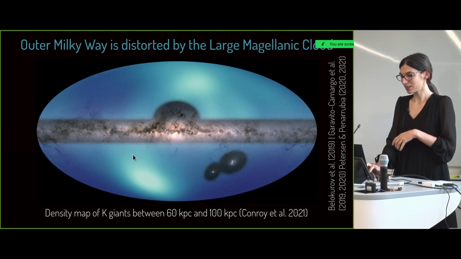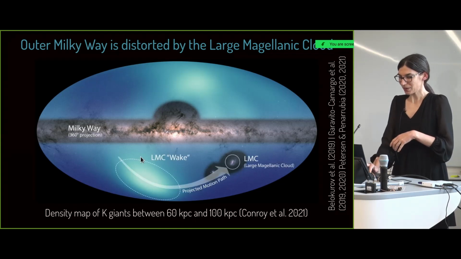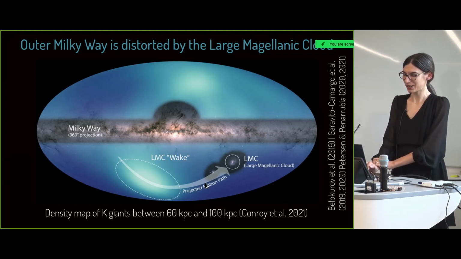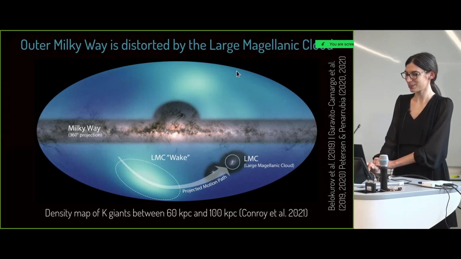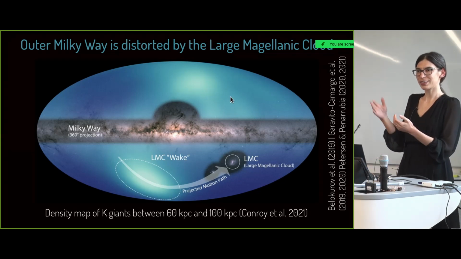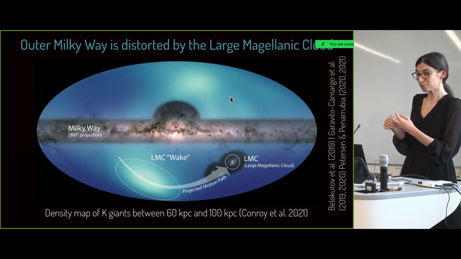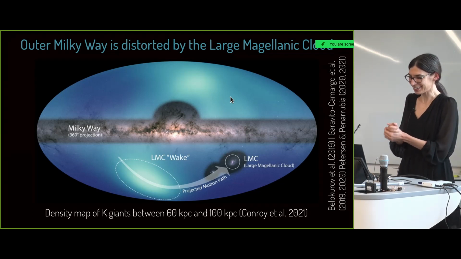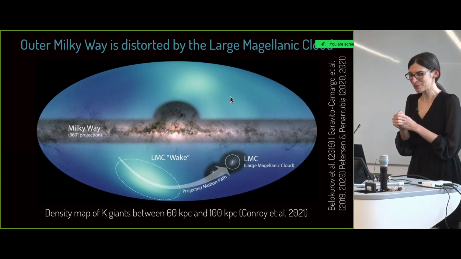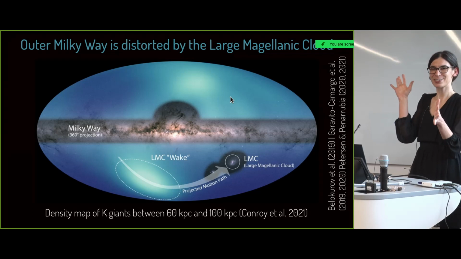You can clearly see there is this wake component following the path of the Large and Small Magellanic Clouds, and there's another overdensity of these stars on the other side of the galaxy. So it does look like the potential of the Milky Way is not trivial.